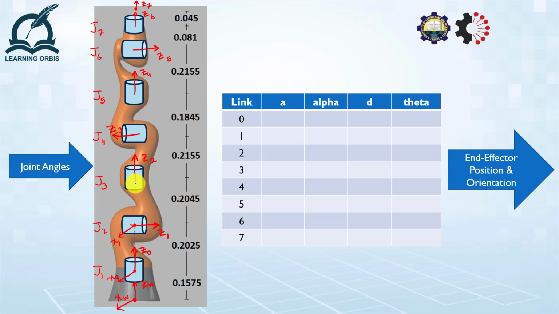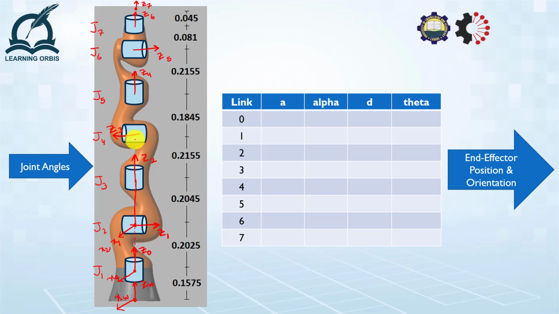We can see that Z2 is intersecting with Z1 at this point. So the only option we have for X2 is once again this point. So X2 will be the same as X1. This axis is X2 and X1 as well. I can extend this Z2 axis till this point. So this is frame number 2, and frame number 1 is over here as well. They are just rotated with respect to each other.